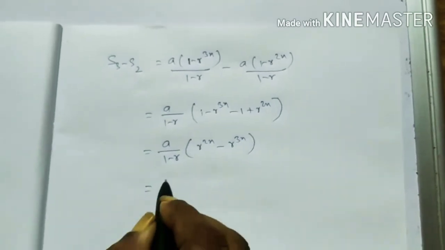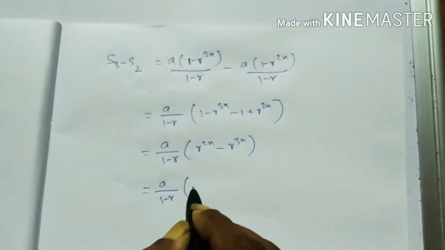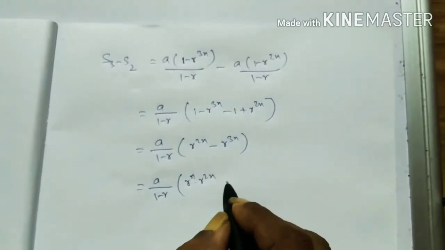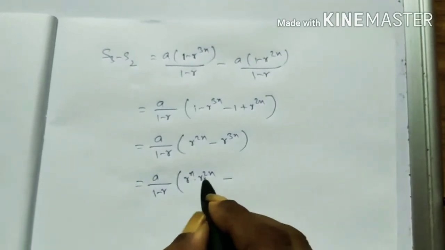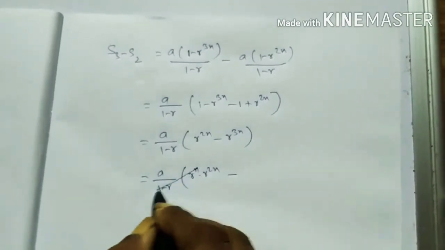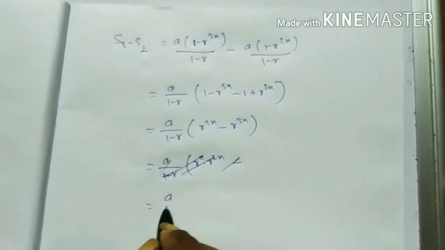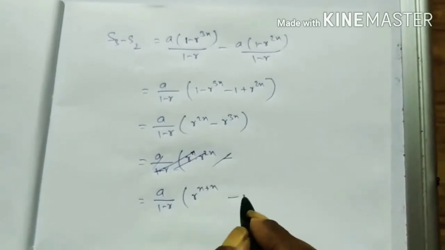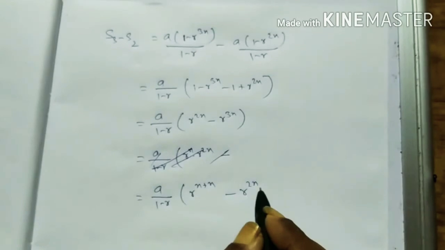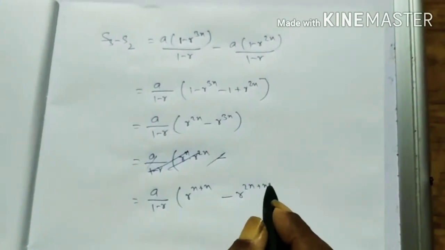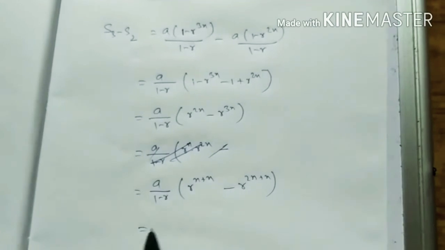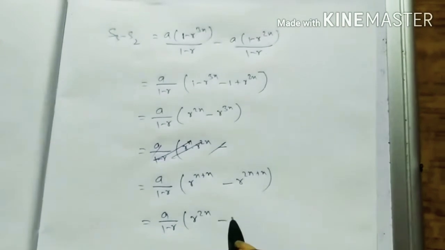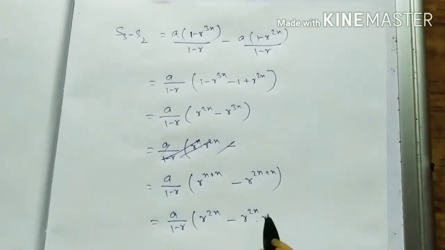Now I can write A by 1 minus r, r to the power of 2n minus r to the power of 2n into r to the power of n.